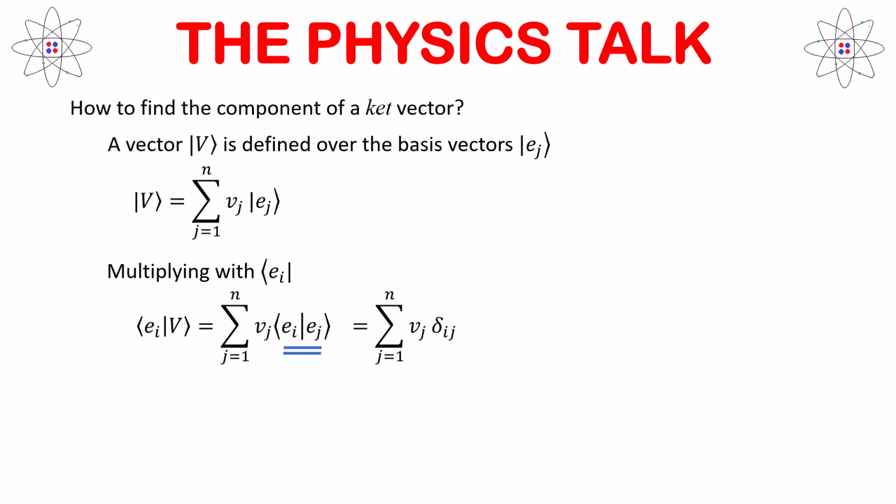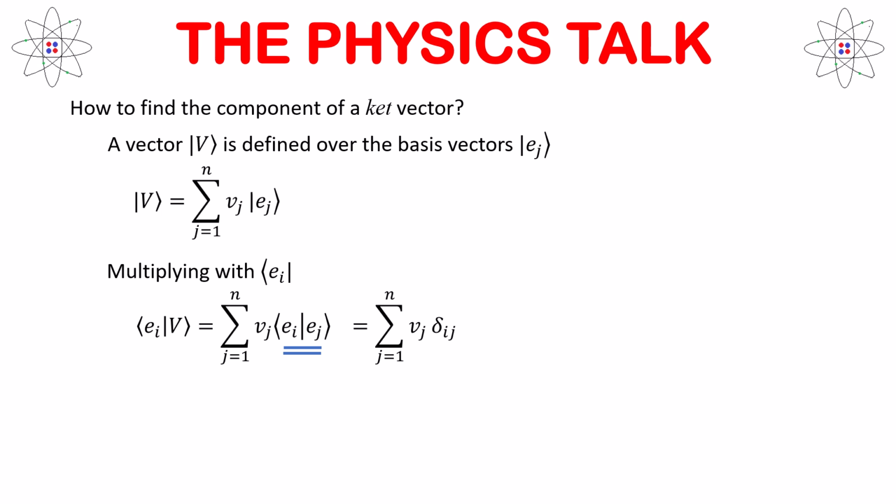Now notice carefully here that all the terms in the summation have different j values from 1 to n, whereas the value of i is fixed, only one value. Since i has only one fixed value, according to the properties of Kronecker delta, only that term in the summation will remain which has the value of j same as the fixed value of i.